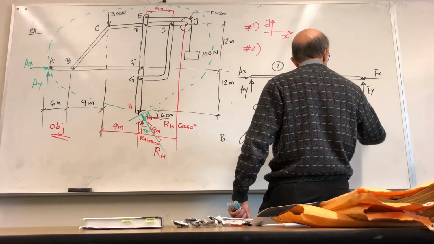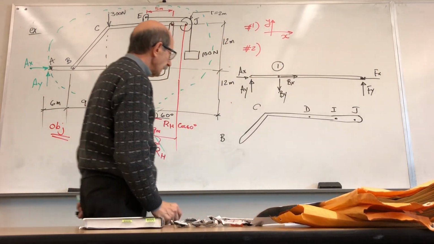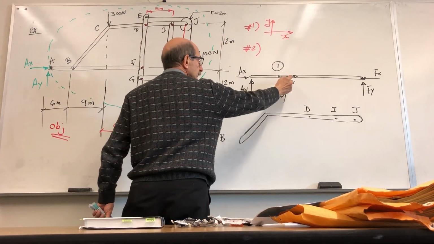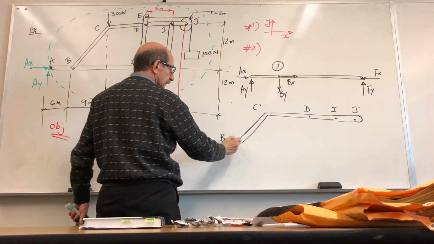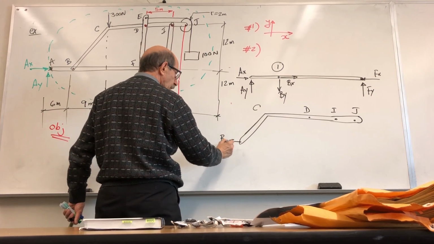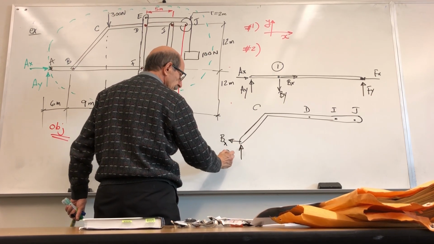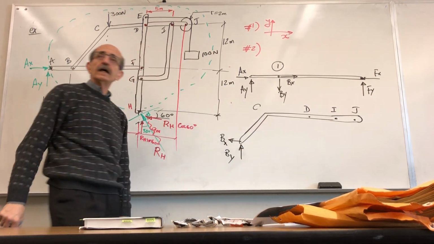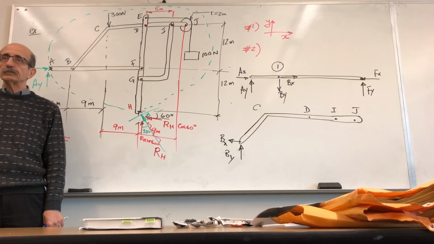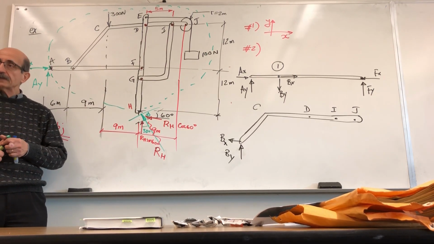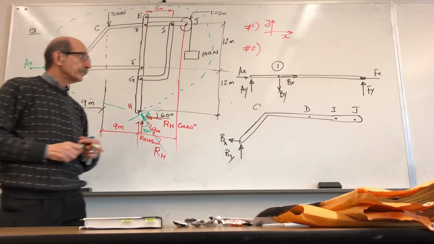So that's this member. At point D, you have forces that you need to watch out. Make sure you choose them in the opposite direction to that member. Because at that point, you have forces equal in magnitude, opposite in direction, right?